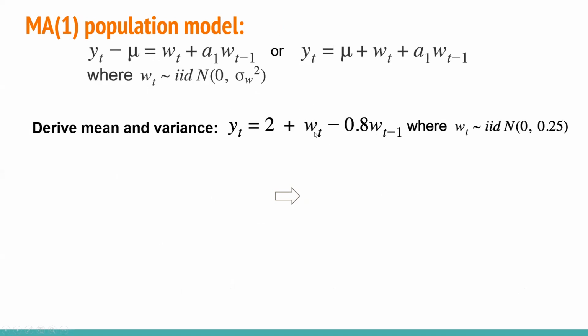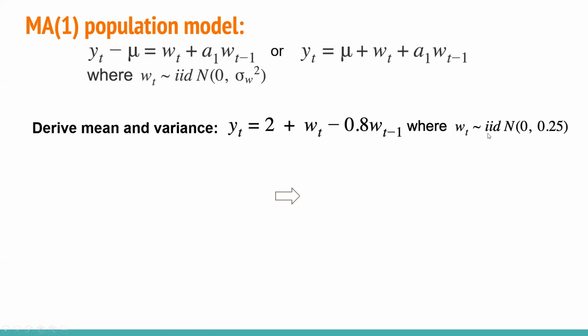Because I have a current shock and the immediate past shock. In a moving average model, the predictors are actually going to be the past white noises, and at times you're going to have a combination of the current and the past white noises. So this is an MA of order 1.